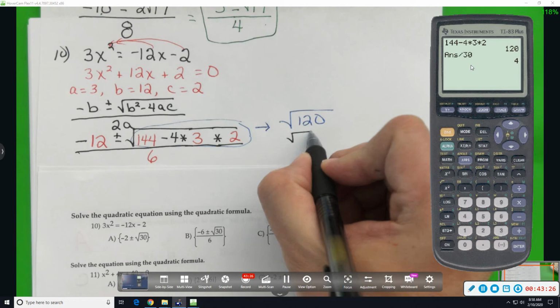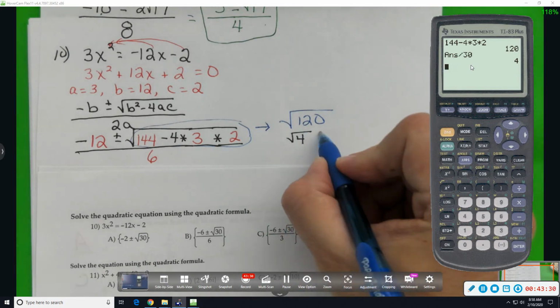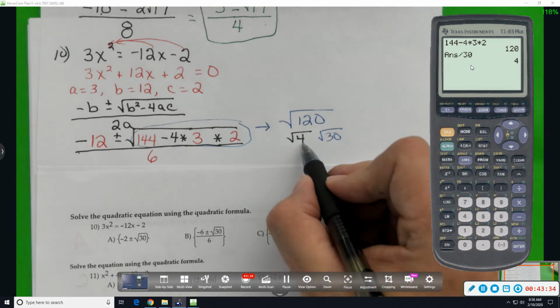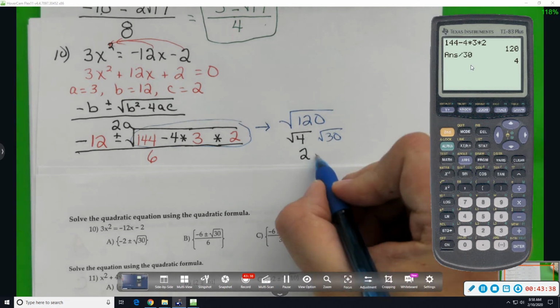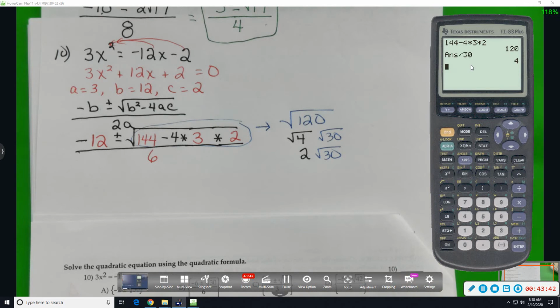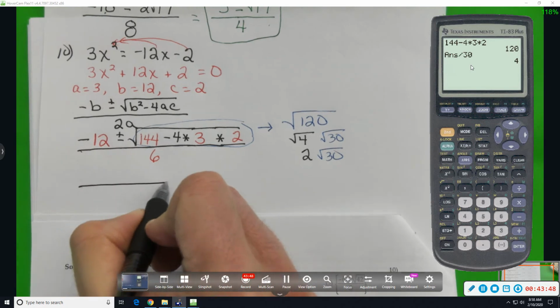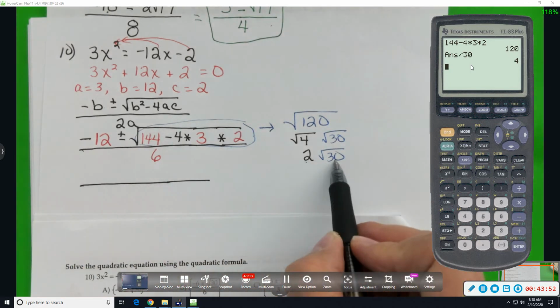So you think of this as 4 times 30, which we reduce to 2 square root of 30. Now, let me write it all with just one color. Replacing this big circled square root with 2 square root of 30.